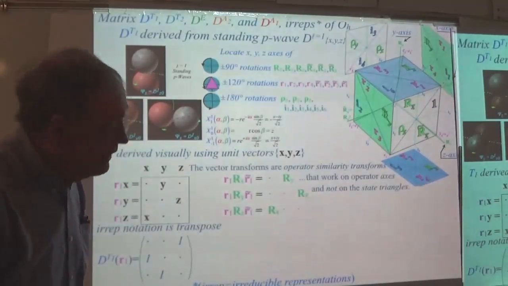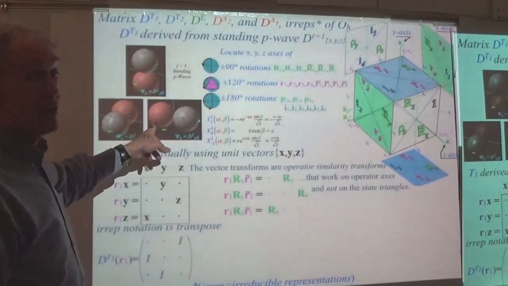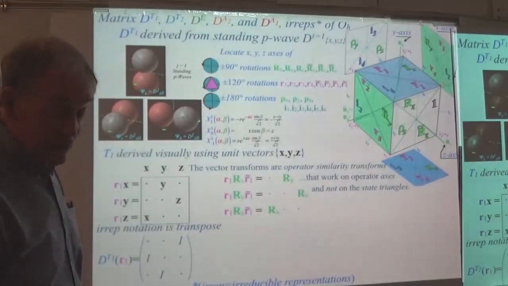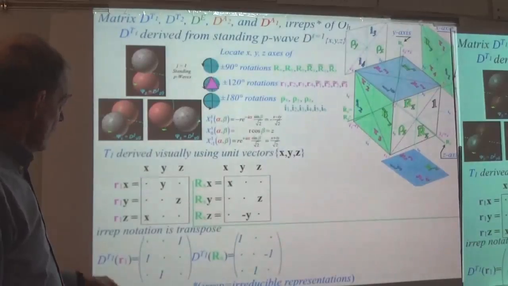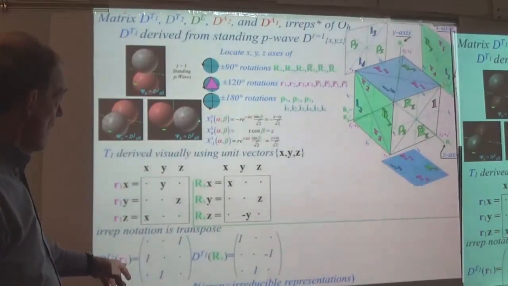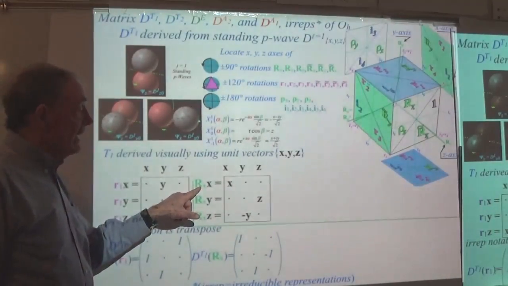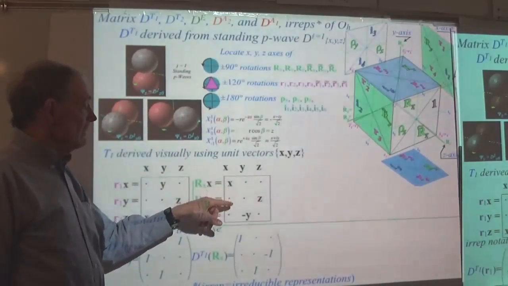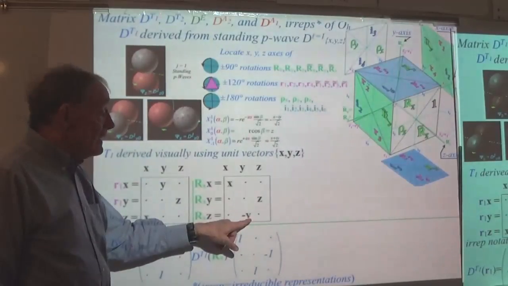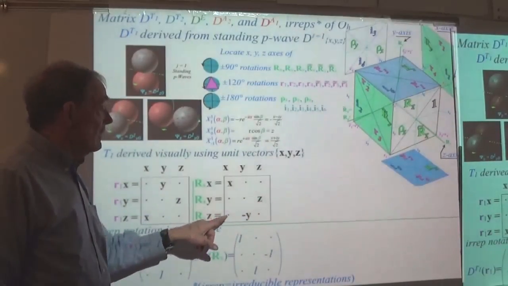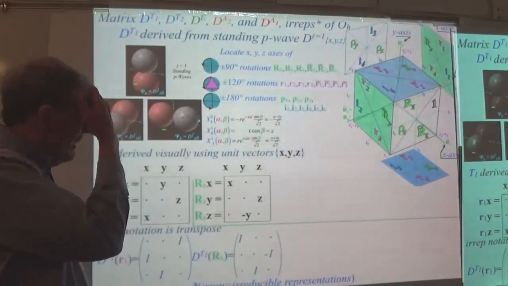Okay, so that's the other thing that this shows. And it's all top down, because we're given this and we're going for its properties. So there's our one. Here's what happens with Rx. It leaves x alone, but it flips z with y and y with, well, minus 1. You have to look at the thing and see that it does that.